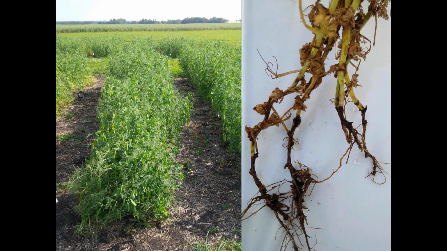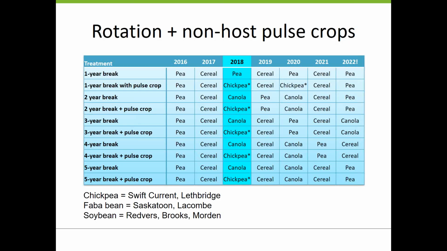So there's an interesting dynamic between levels of root rot and yield potential that has been really hard to try to figure out, and that's partly because we can't do trials in sites with a healthy check.